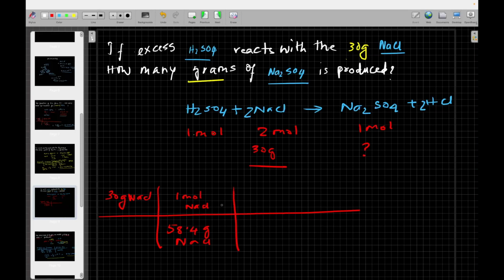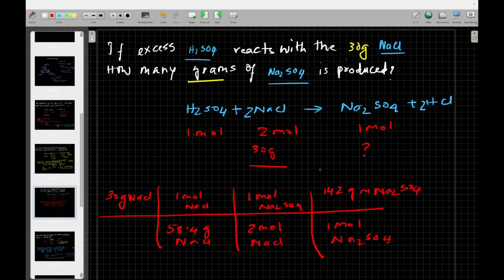Now from the equation we see that 2 moles of sodium chloride are needed for producing 1 mole of sodium sulfate. And what is the molecular weight of sodium sulfate? 1 mole of sodium sulfate denotes 142 grams of sodium sulfate, which is the molecular weight.